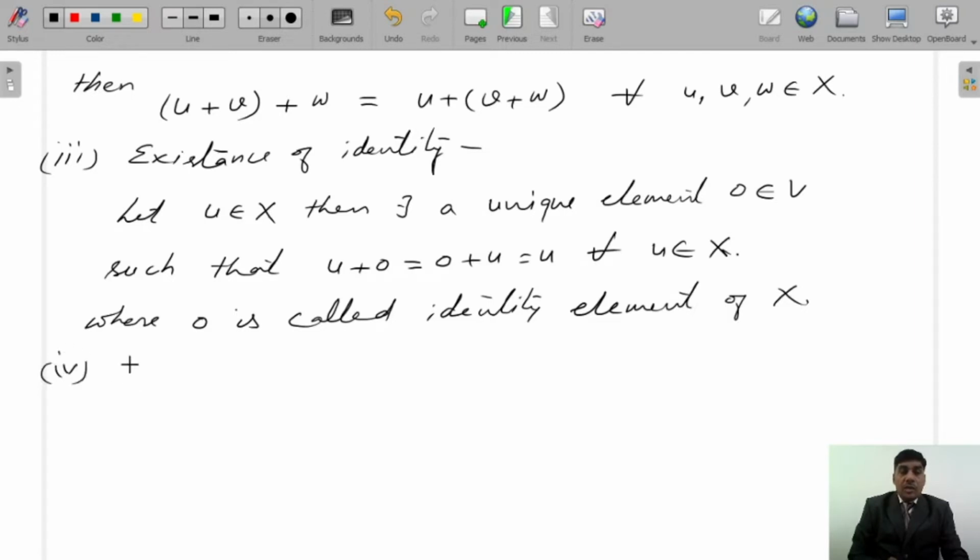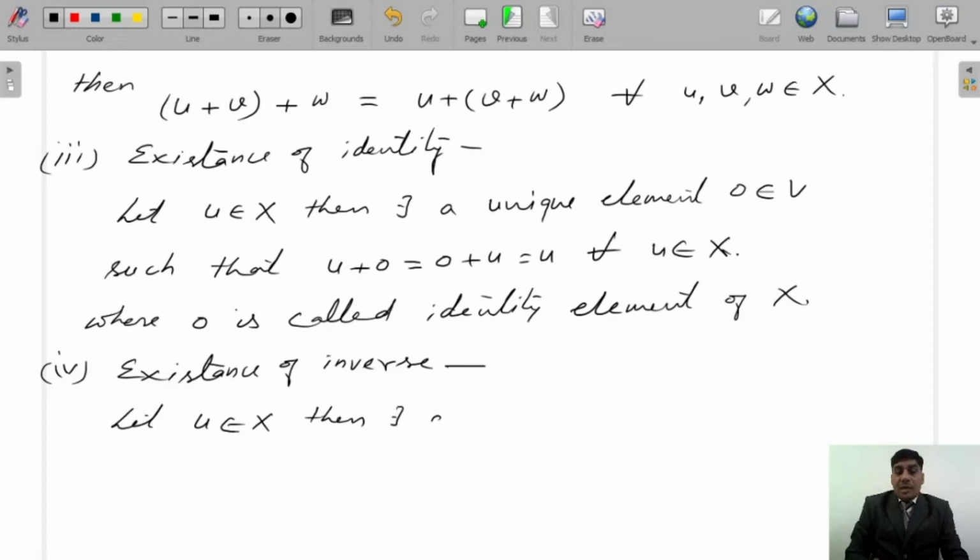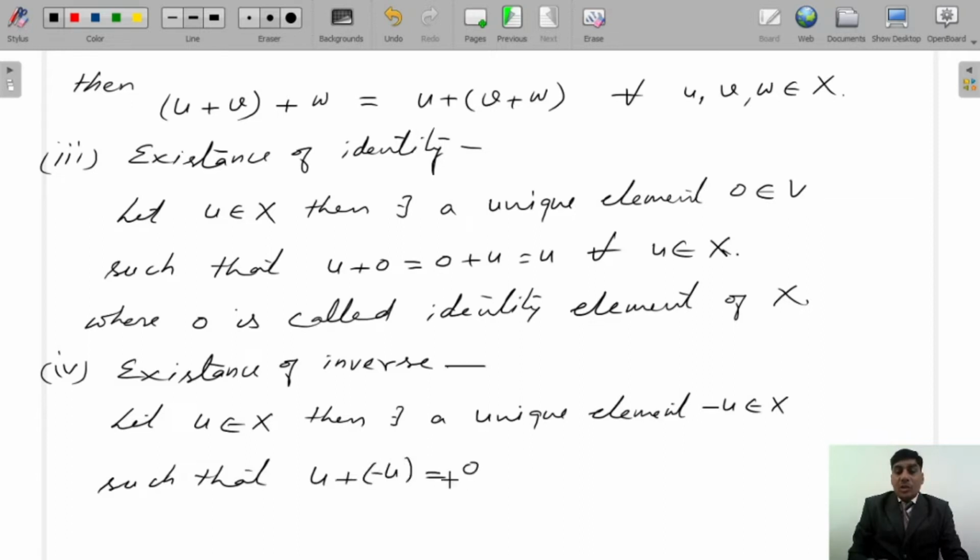Fourth, existence of inverse. Let u belong to capital X, then there exists a unique element minus u belonging to capital X such that u plus minus u is equal to 0.